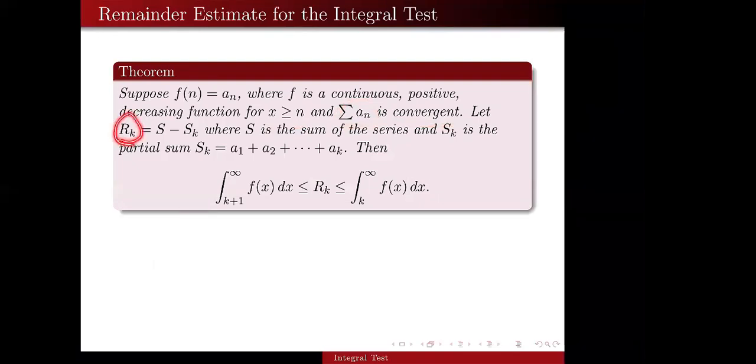We define R sub k to be the remainder. So you have S minus S sub k, where S is the sum of this series and S sub k is the partial sum. Then your R sub k will just be between these two improper integrals here.